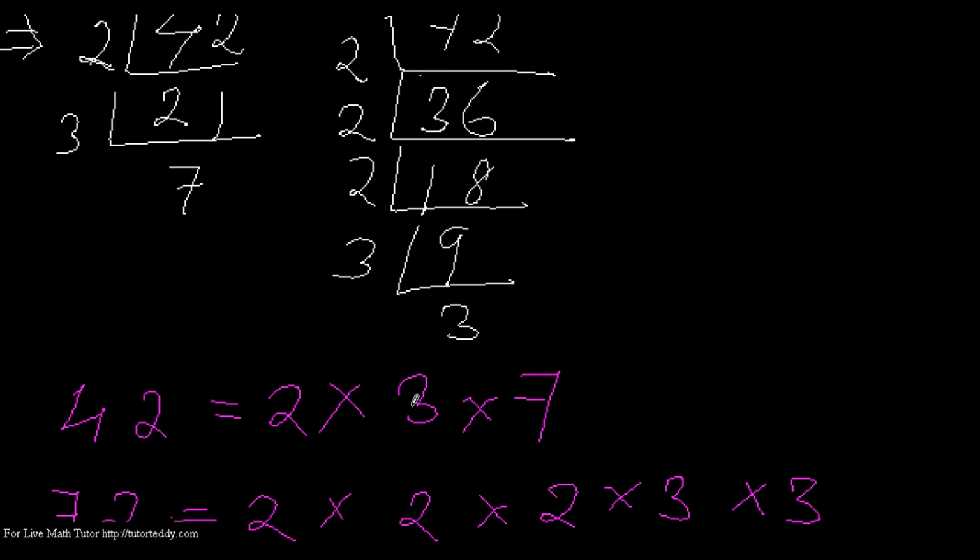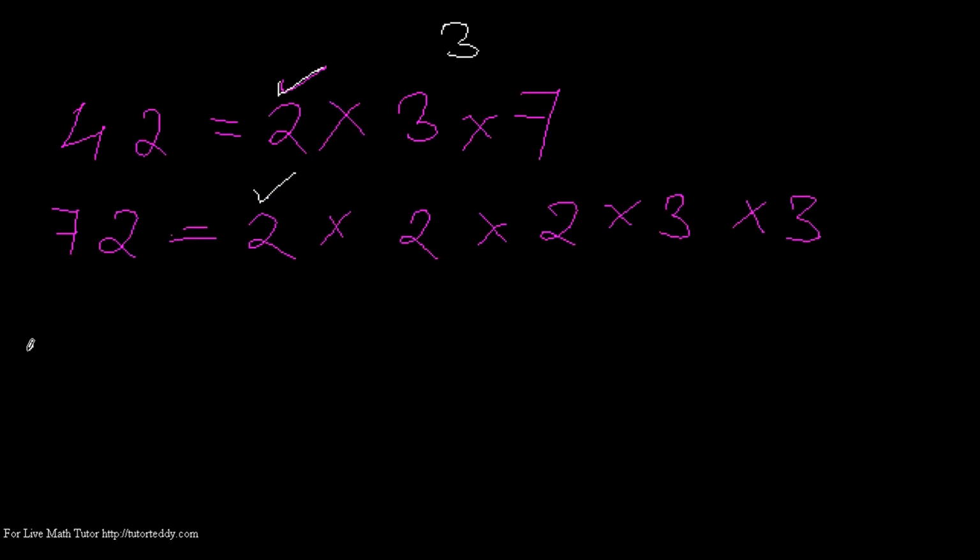So the LCM will be what? The lowest common multiple, right? So first I'll check the common things. That means 2 here, 2 here. So therefore LCM equals, I have 2 in both the cases, so I'll take 2 once.